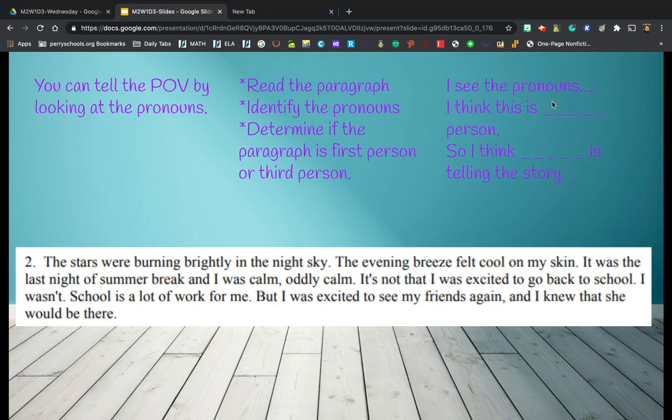I think this is first person point of view. I don't know the character's name right now because I haven't read the whole thing. I'm just looking at this paragraph. So I'm going to say, I think a character in the story is telling the story.